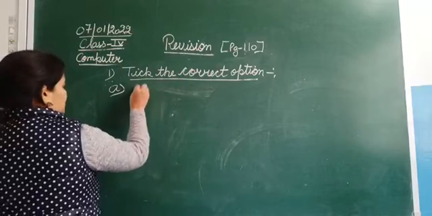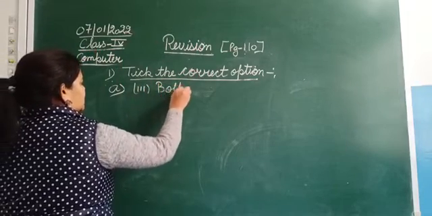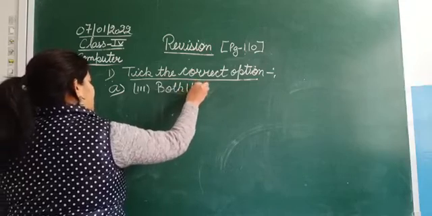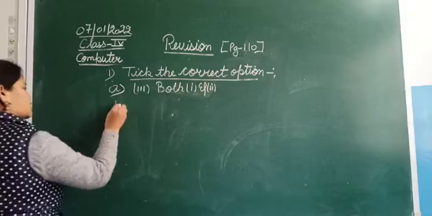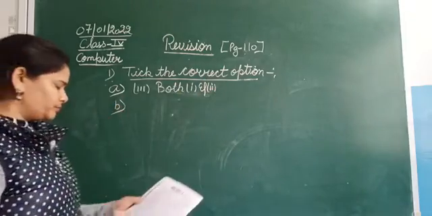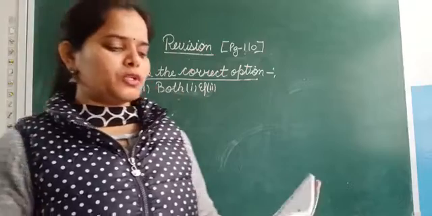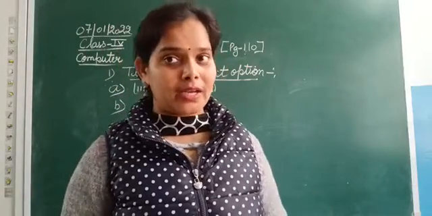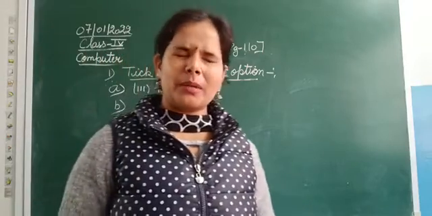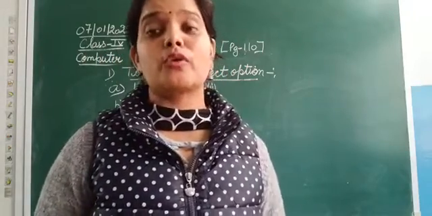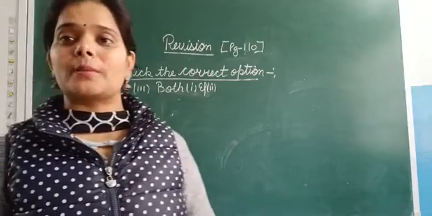So the answer for the first one is option 3, both first and second. Moving to B1: 1 petabyte, or PB, is equal to 1024 terabytes, and 1 terabyte is equal to 1024 gigabytes.